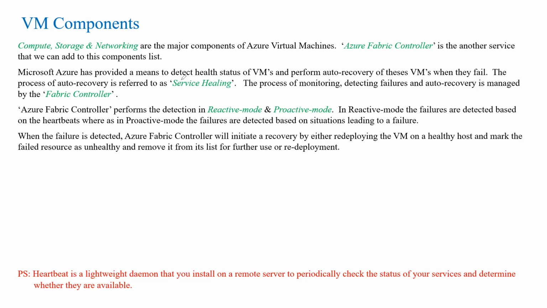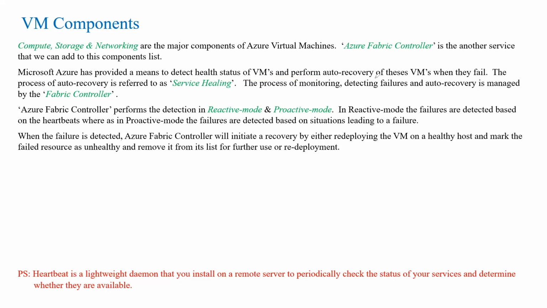It detects the health status of the virtual machine while it is working. If there is any hiccup or any issue with the virtual machine, it will perform auto recovery on these virtual machines that have failed, and revive them back to working status.